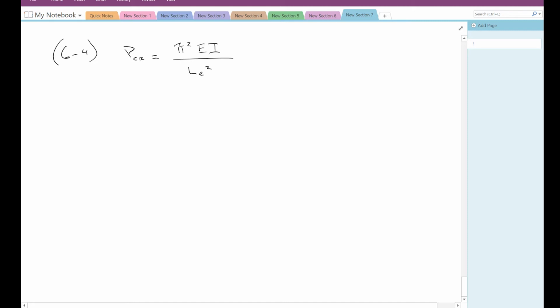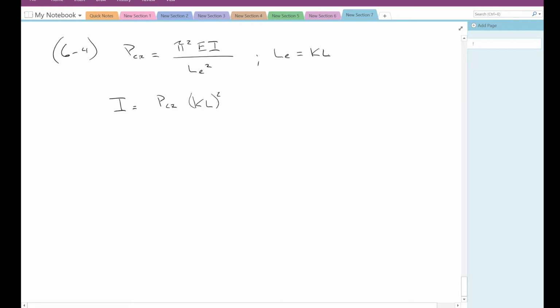And we can say that our I is now equal to our critical buckling load times quantity KL squared, where this is our equivalent length, right? Recall equivalent length is equal to KL, K being our end fixity constant, divided by pi squared modulus of elasticity.